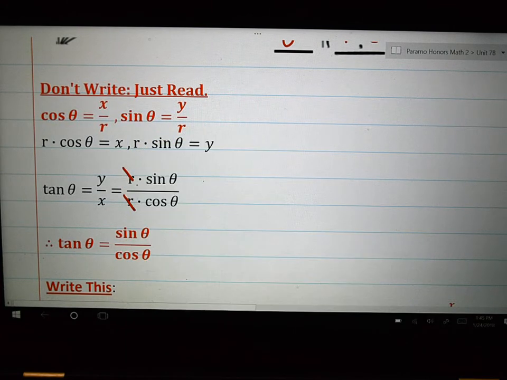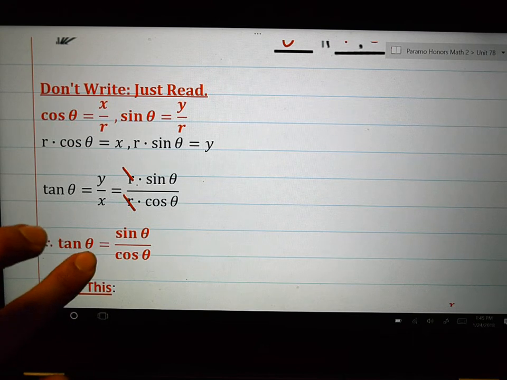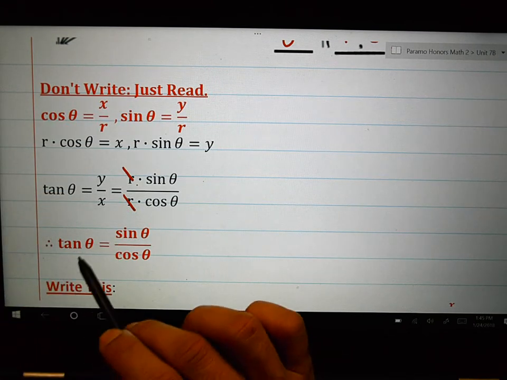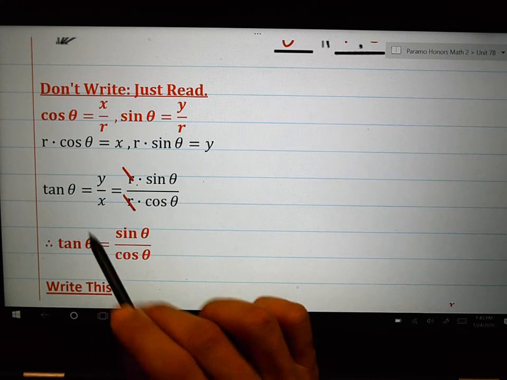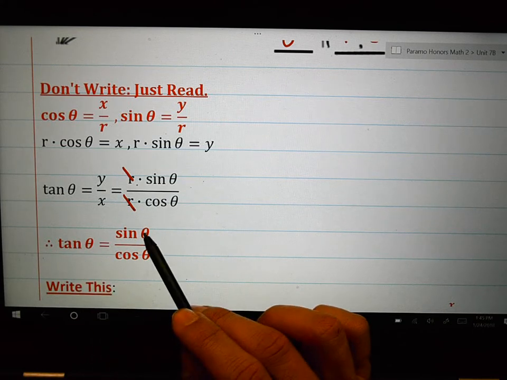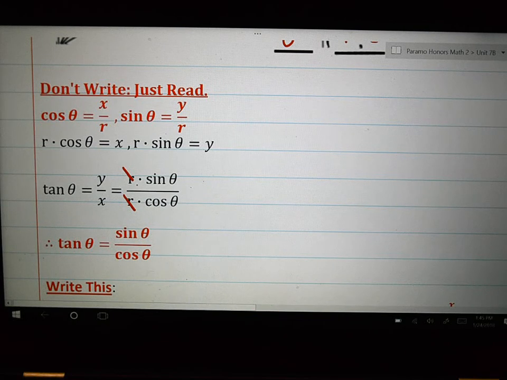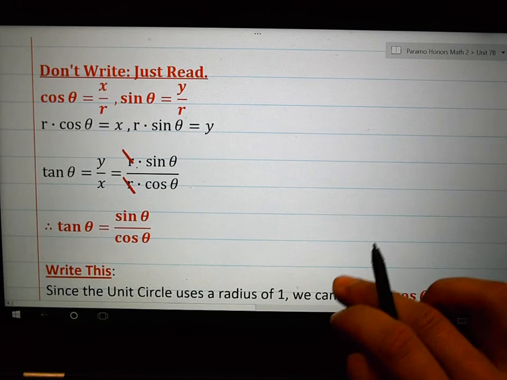Yes, we can. Therefore, the tangent of theta is equal to the sine of theta divided by the cosine of theta. It will be very beneficial if you memorize that the tangent of theta is the same thing as the sine of theta divided by the cosine of theta, and I'll explain why later.